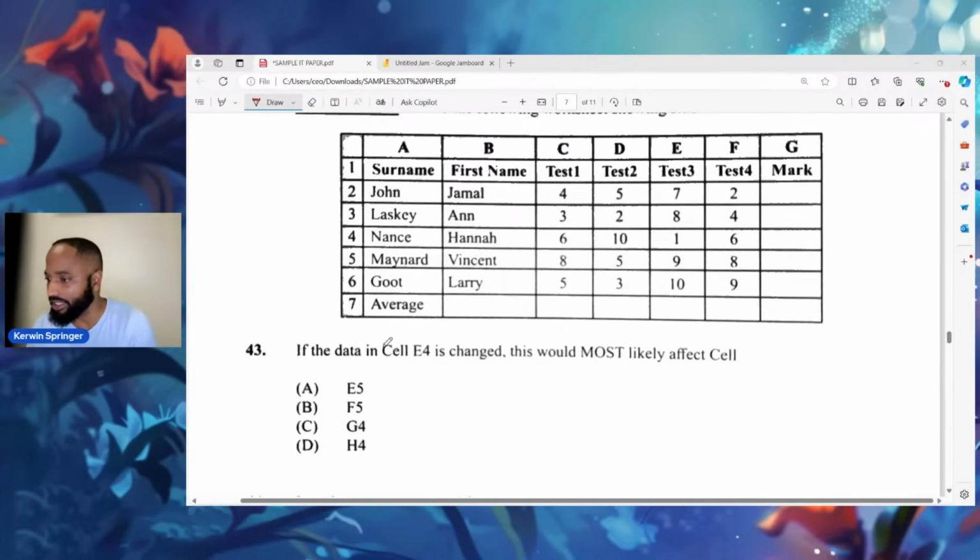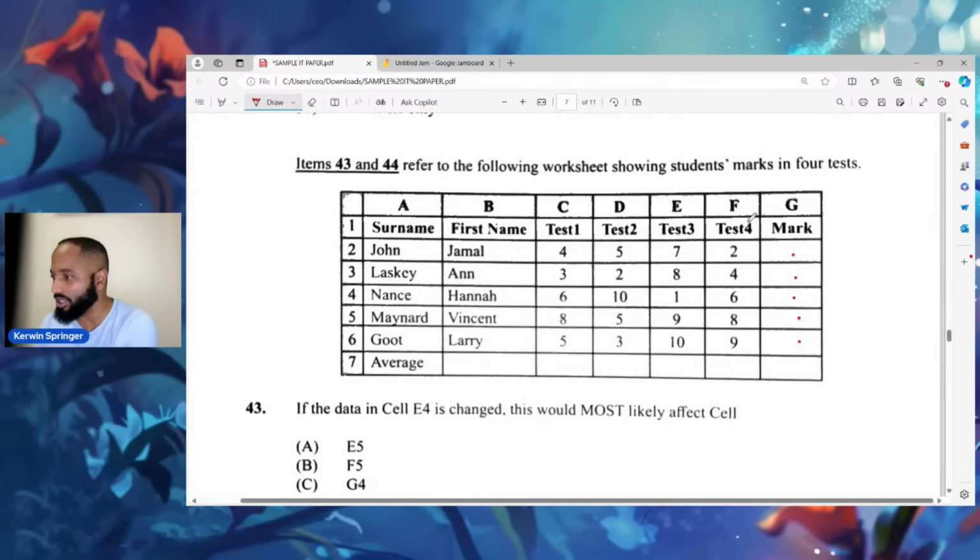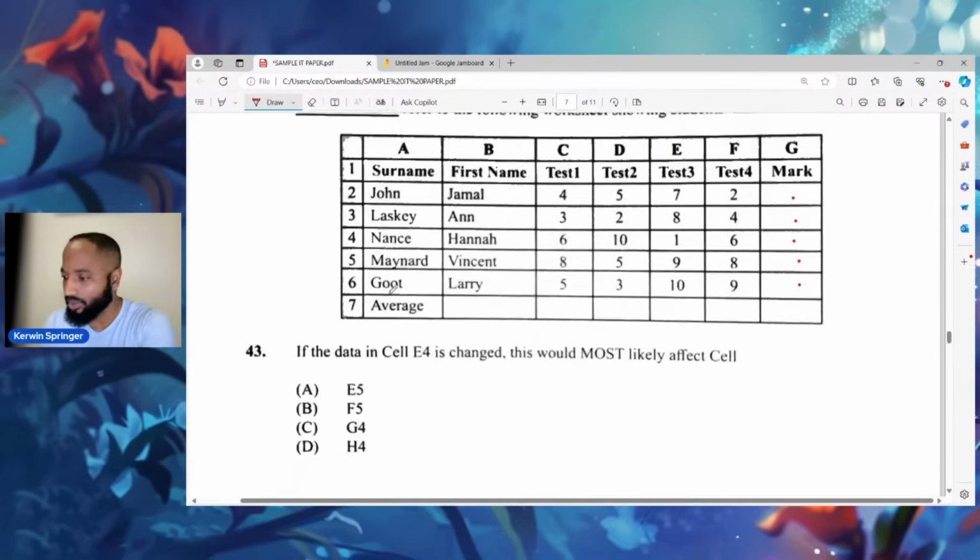If the data in cell E4 is changed, this will most likely affect what? They want to see what cell it would affect. If I change the data in cell E4, why don't they have a final reading here? Test, mark, average. Why didn't they show G?